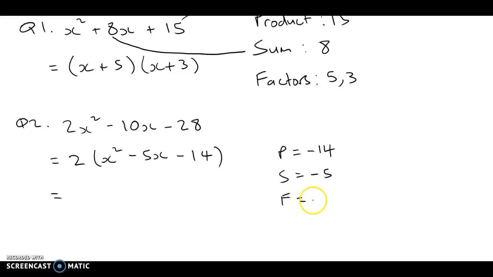We will get minus 7 and plus 2. Minus 7 times 2 gives us minus 14. Minus 7 plus 2 gives us minus 5. So with these two factors, we can write that monic quadratic component in factorised form: x minus 7, x plus 2. And you'll notice the 2 just stays out the front.